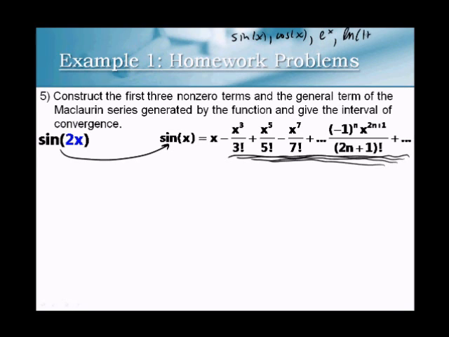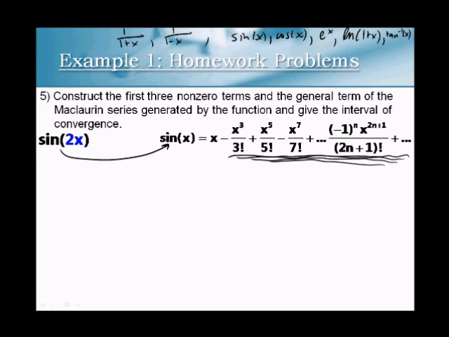Natural log of 1 plus x we're going to have to memorize. The inverse tangent of x we have to memorize. And then there are 2 others, 1 over 1 plus x and 1 over 1 minus x, which are also important to memorize. I'm just throwing that out there so you know it's expected of you. I don't want it to seem like a surprise to anybody.